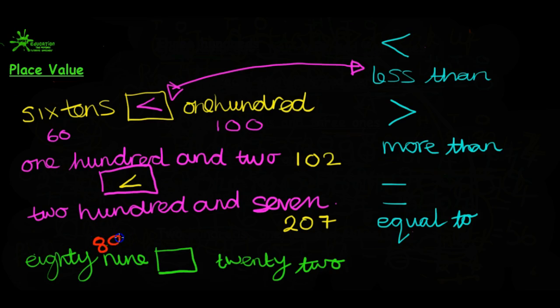It's an 8 and a 9. 8 tens, 9 ones. 22. 2 tens, 2 ones. Is 89 less than, more than, or equal to 22? We know that 89 is the bigger number, so 89 is more than 22. More than. You see our symbols on the side. More than 22. Let's do another one.